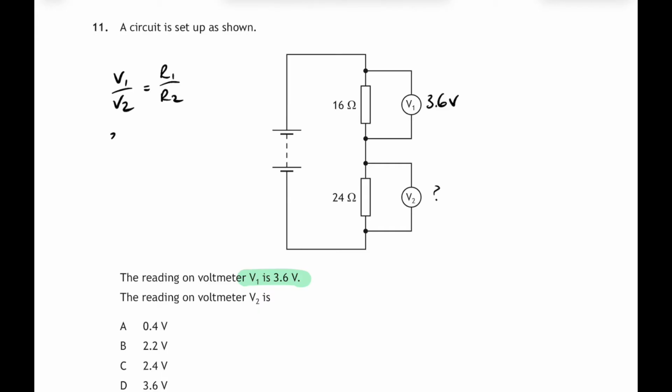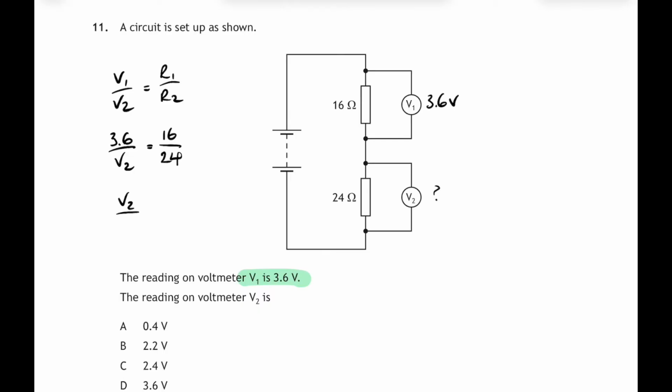So let's put in the values that we know. V1 is equal to 3.6 volts. That's over V2, which is what we're looking for. And that'll be equal to the top resistor, which is 16 ohms, over the bottom resistor, which is 24 ohms. And we're looking for V2, so that's quite tricky to rearrange. So what I'm going to do is just flip the whole lot upside down.